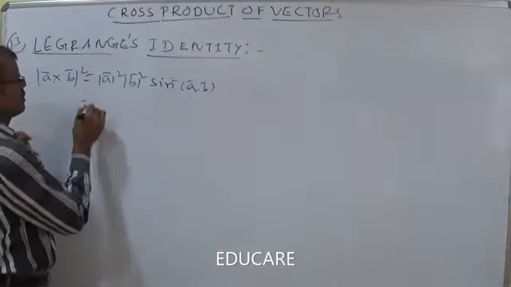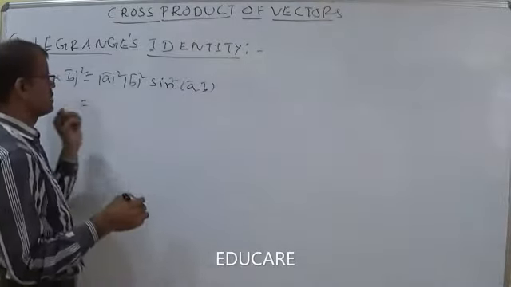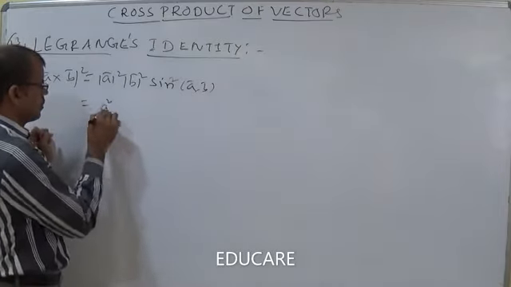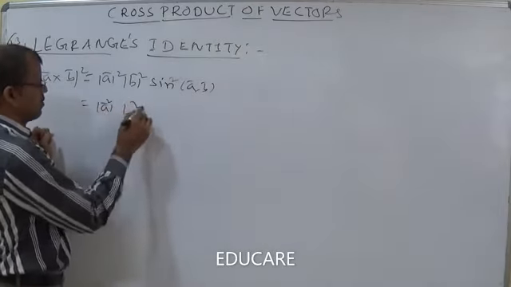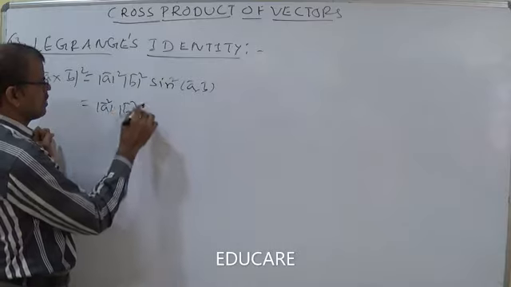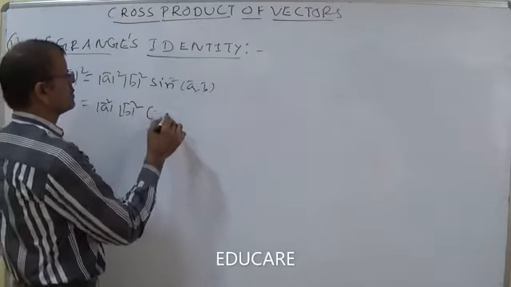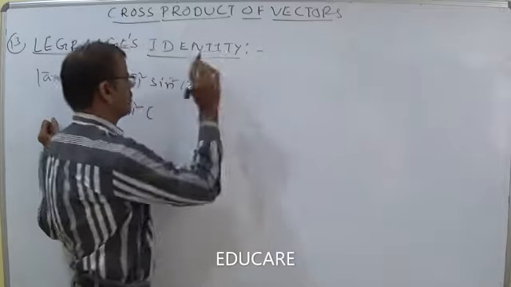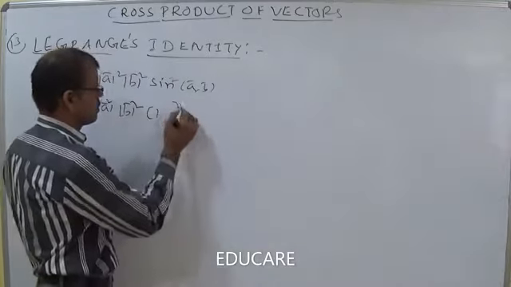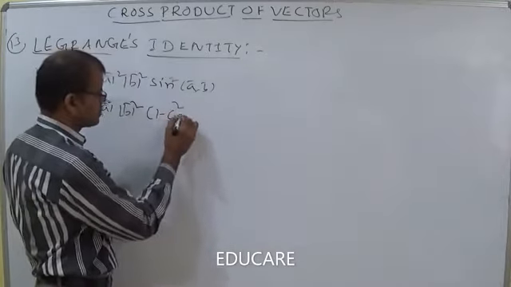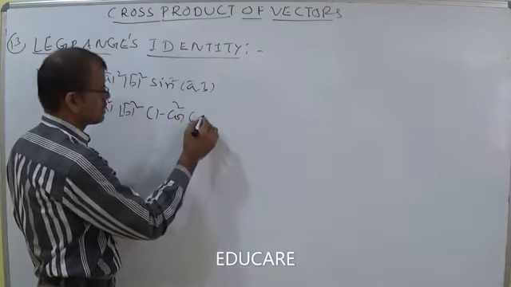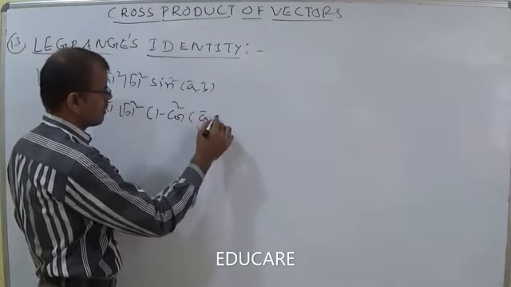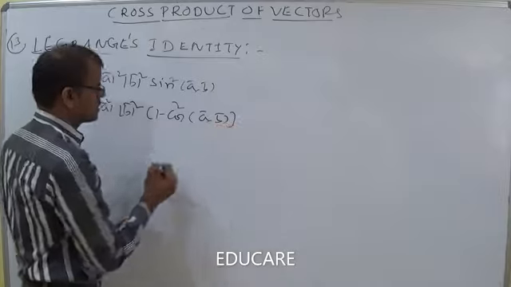So mod A square into mod B square into sin square theta. Sin square theta becomes 1 minus cos square theta.